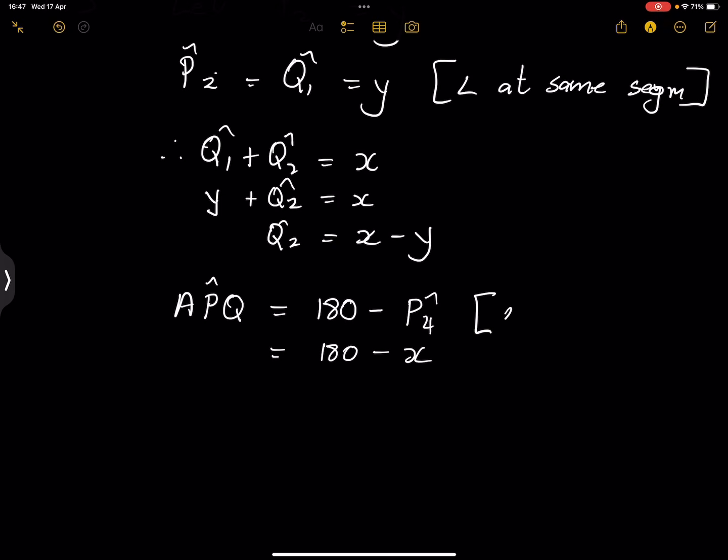And why was that? These are angles on a straight line. Okay, so this APQ is equal to 180 minus x, right?